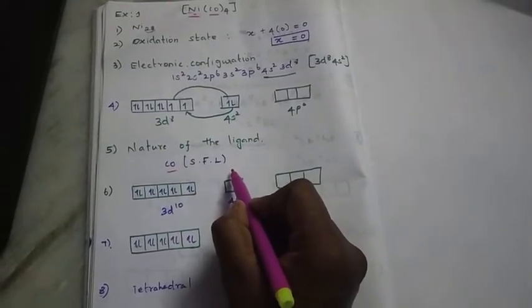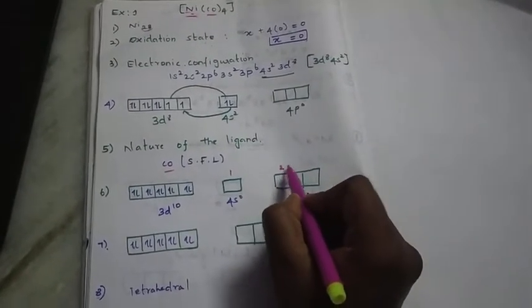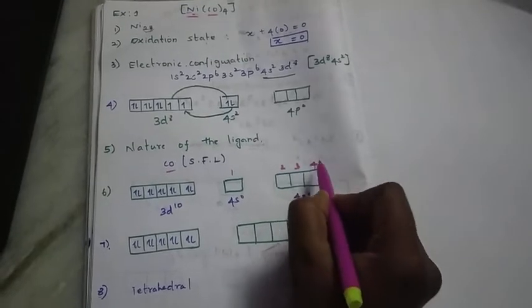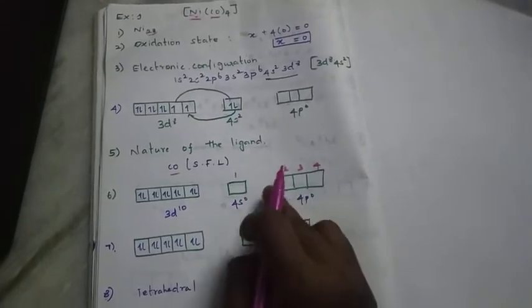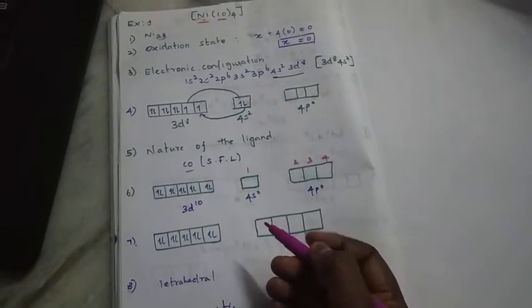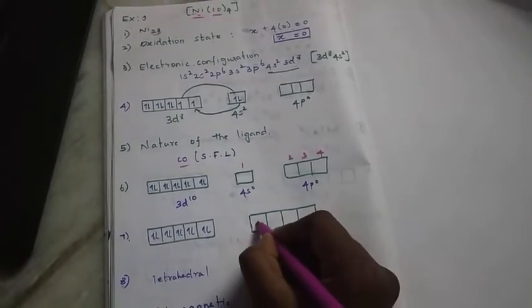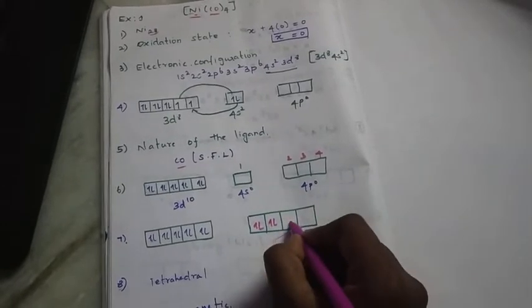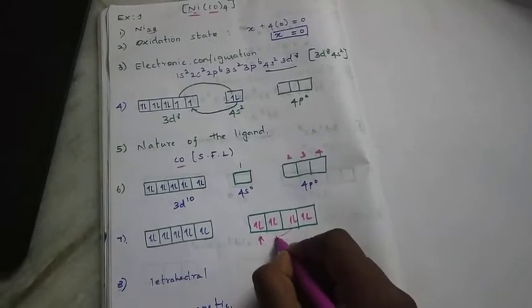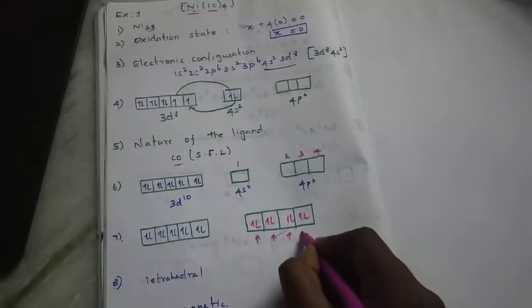How many boxes we need? 1, 2, 3, 4. We need 4 degenerate orbitals. I already told that each ligand donates a pair of electrons, and 4 ligands are there.